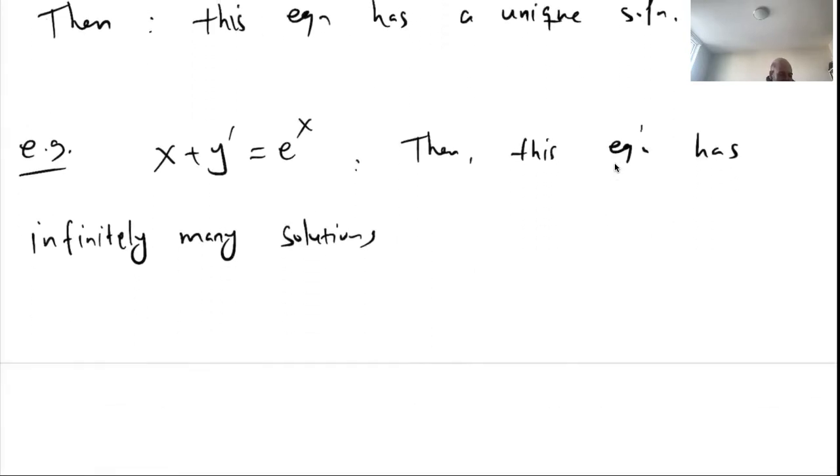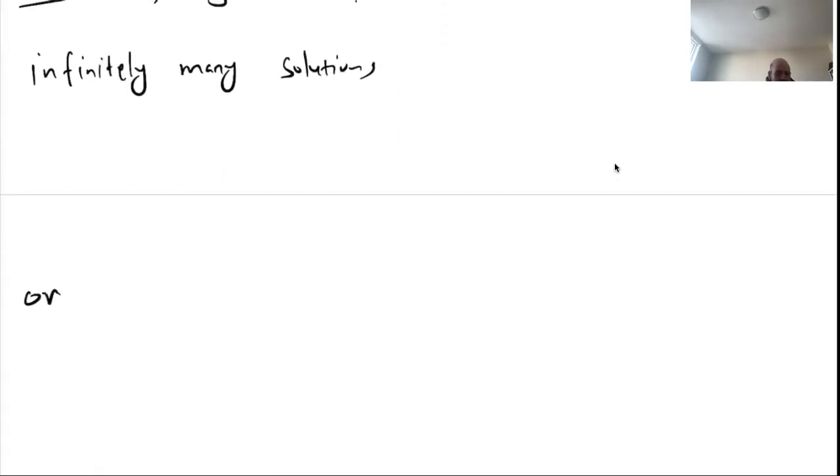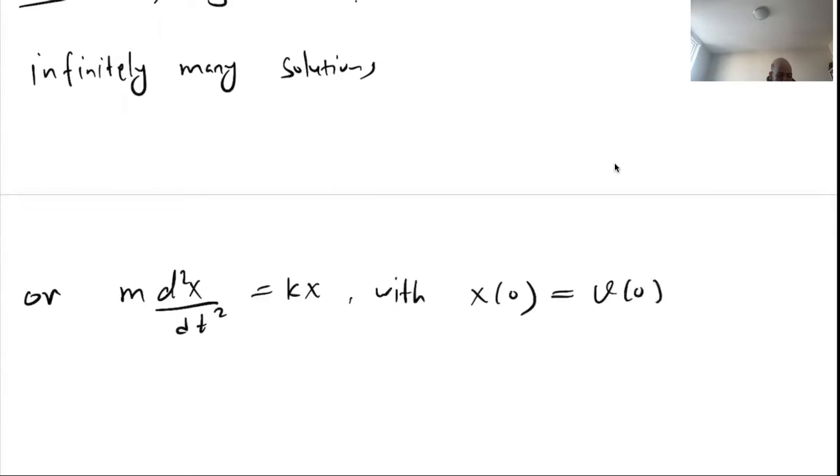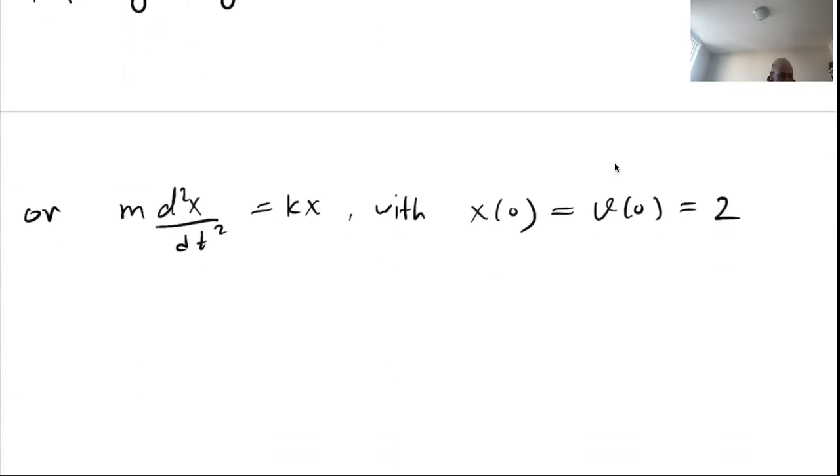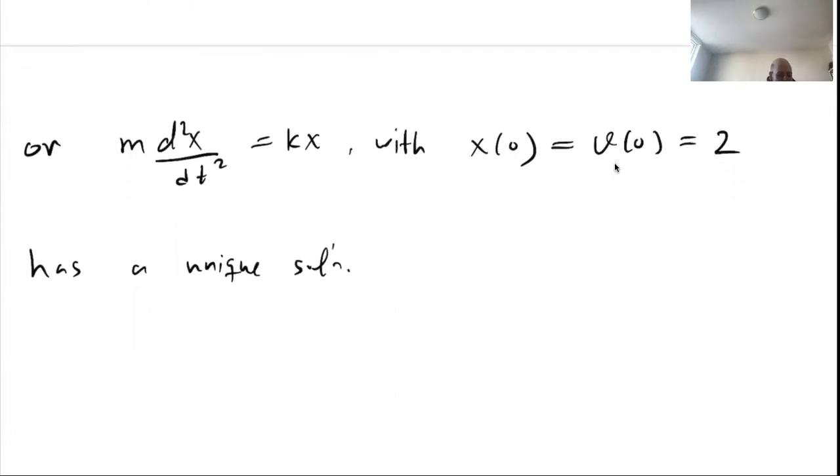Or let's say m d squared x dt squared equals kx with x of 0 equals v of 0 equals 2 has a unique solution, because v of 0 means x prime of 0.